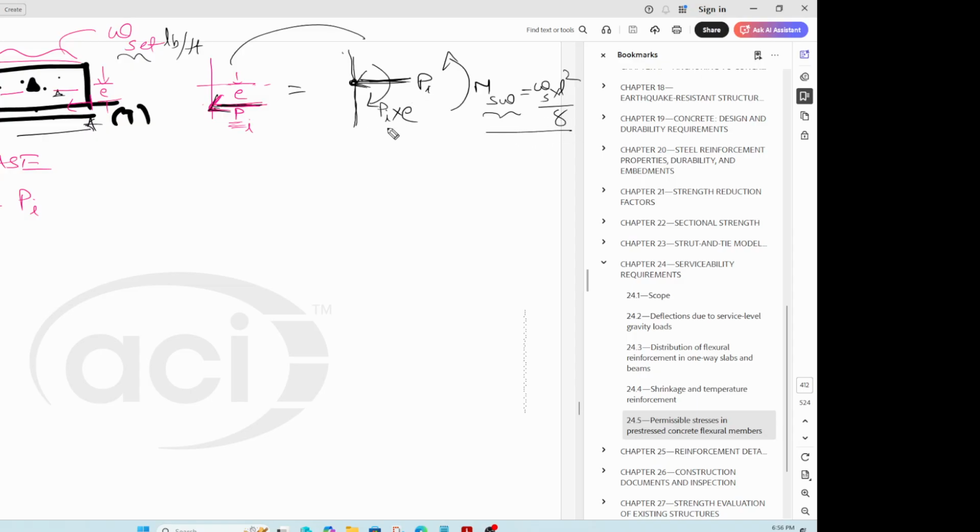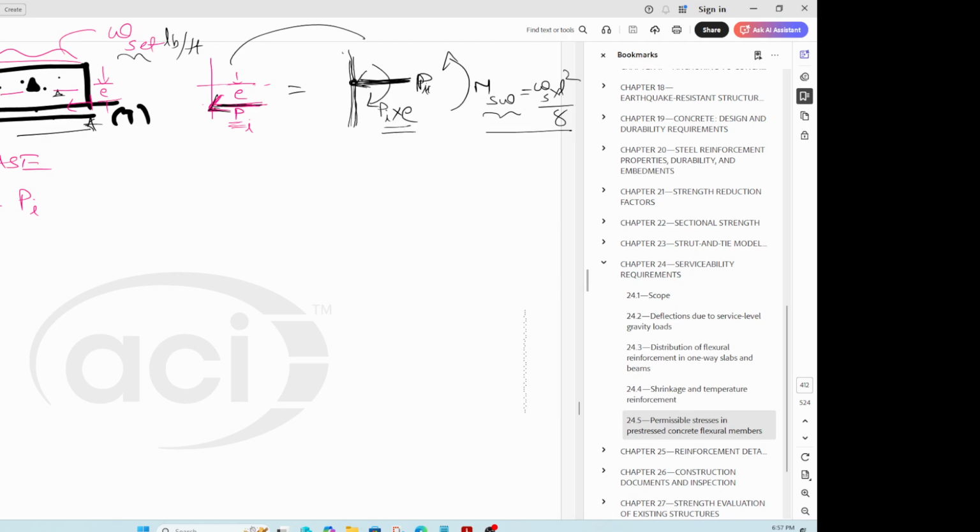P e is the moment due to the initial force, and P initial is the force caused by reinforcement trying to compress the section, right? So what you do is you take a section there and find out, because of this P initial, the stress induced is uniform across the section because P initial is acting at the center.